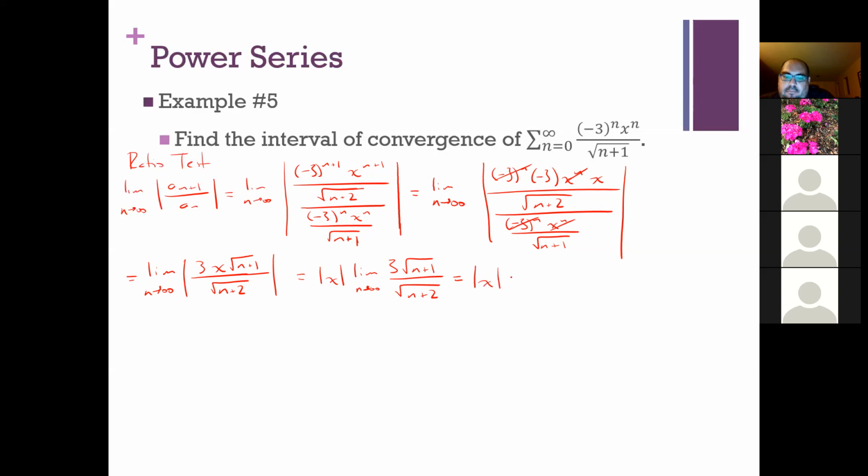So now what I have is the absolute value of x times 3 is less than 1, because just a reminder, I really need my ratio to be less than 1. So now I have this equation: 3 times the absolute value of x is less than 1, which means the absolute value of x is less than a third.